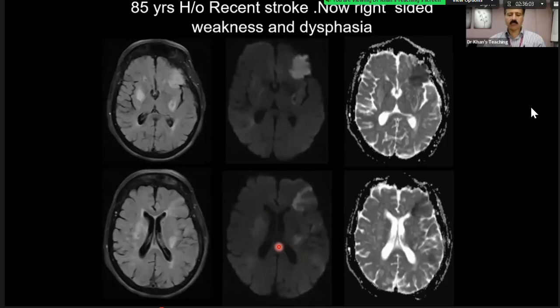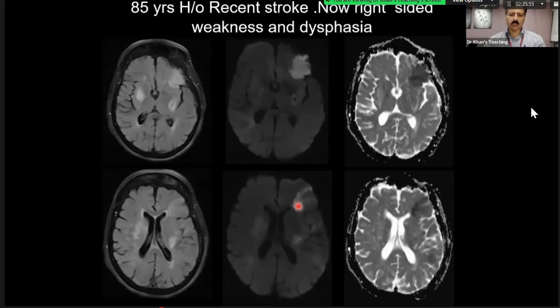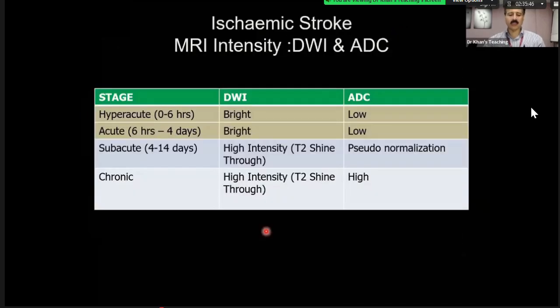Right. So we were debating the word, you used the word bright here. So it will be high. Right. Then what is this? So it is less bright than the... So this is exactly why I told you that I like these words. On DWI, acute, hyperacute, bright, and then subacute, high.